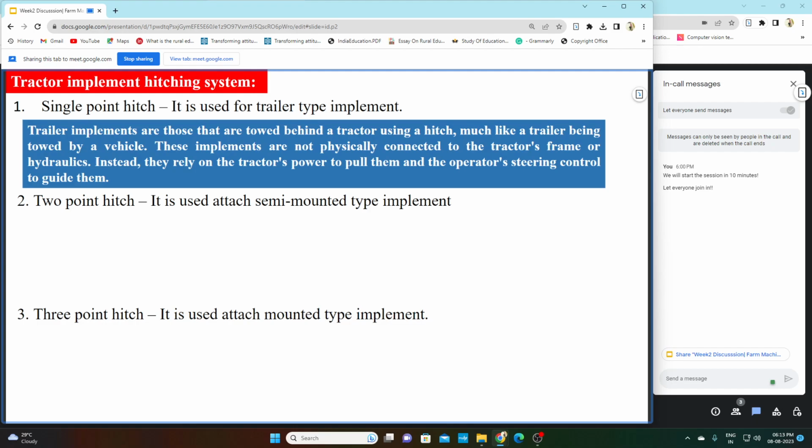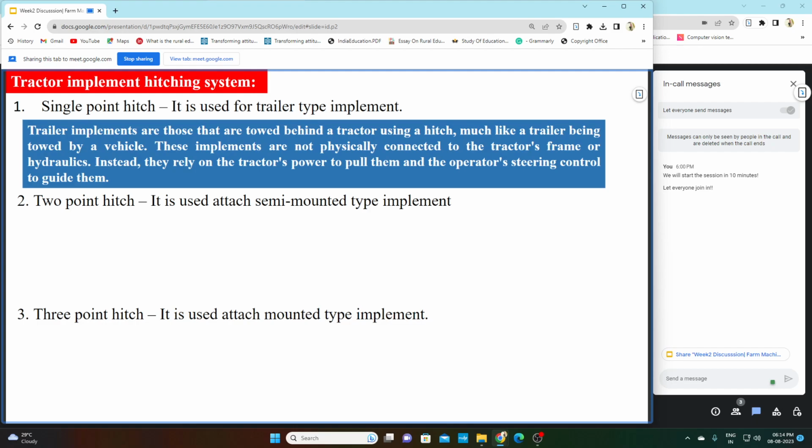Trailer type, by the name you can make out, is used for trailing, like towing a vehicle. You must have seen a truck or any other vehicle towing a car or other implements, right? That type of implements are known as trailer implements.